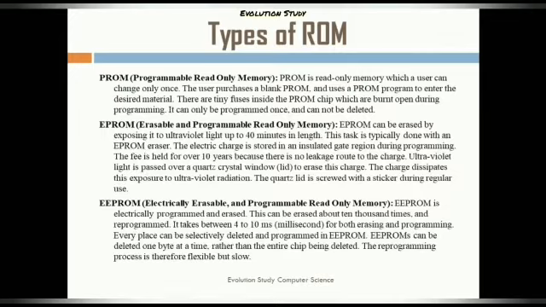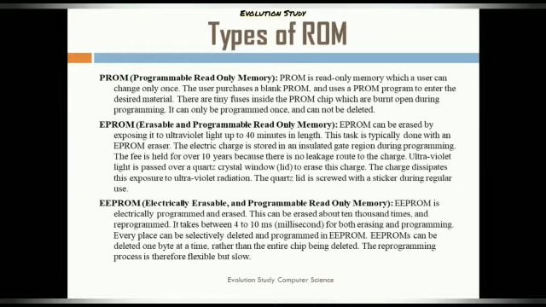The charge is held for over 10 years because there is no leakage route. Ultraviolet light is passed through a quartz crystal window lid to erase this charge. The charge dissipates with exposure to ultraviolet radiation. The quartz lid is covered with a sticker during regular use.